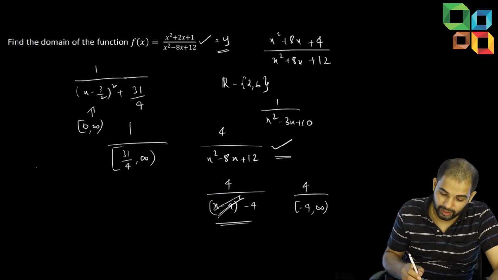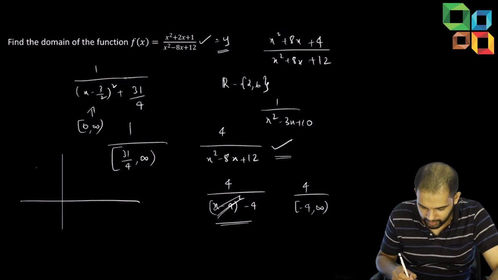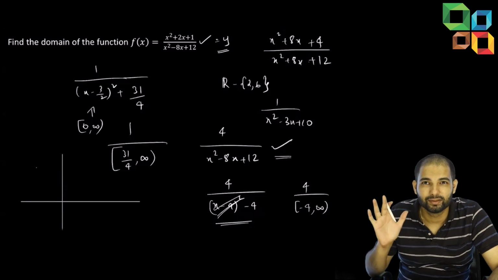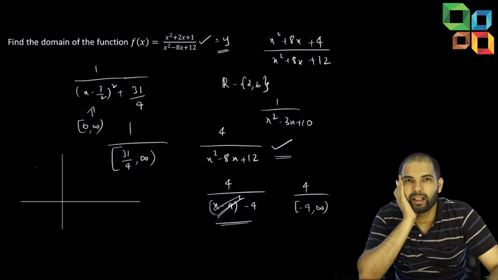If you really want to understand what this is, what do you mean by imaginary? Can you think of how the graph is? You can't draw the graph if it's imaginary? It can't be represented in the number line, only in the complex plane? It cannot be drawn in the real plane at all.